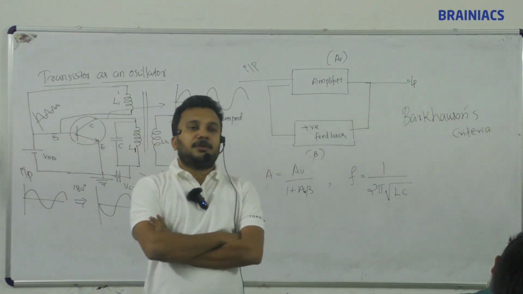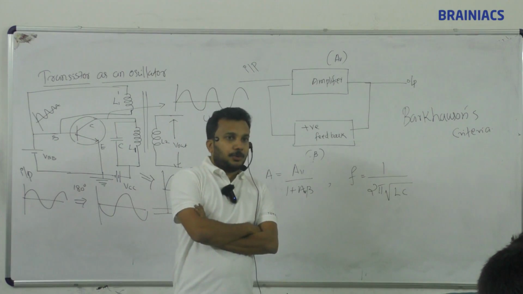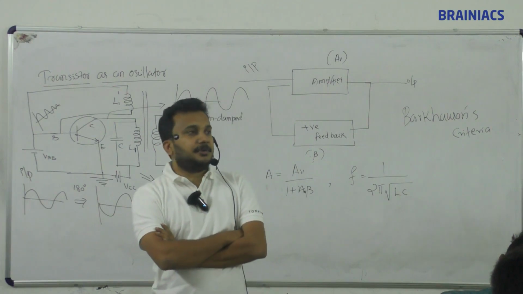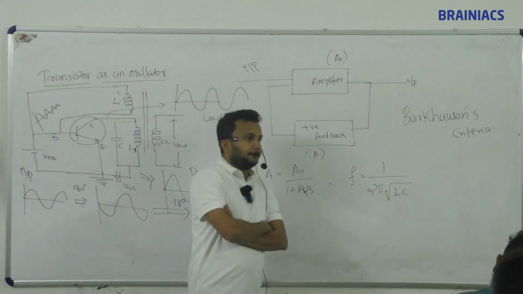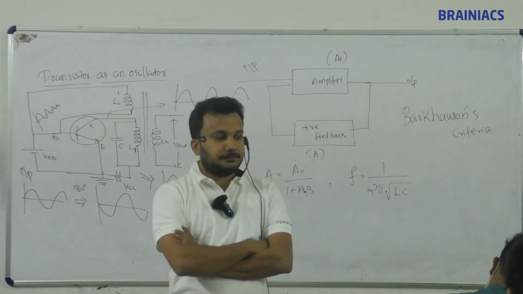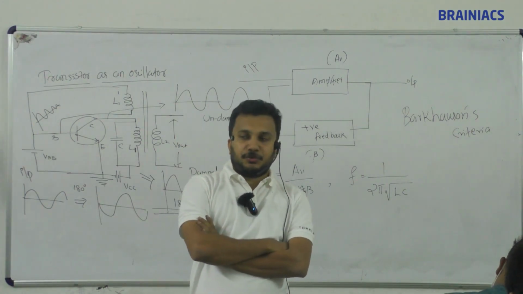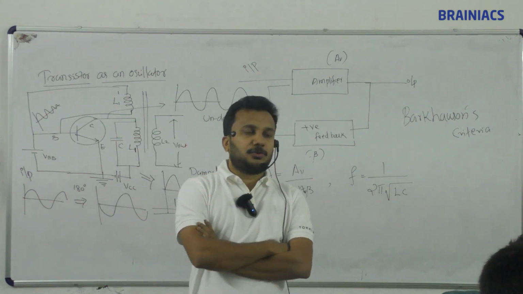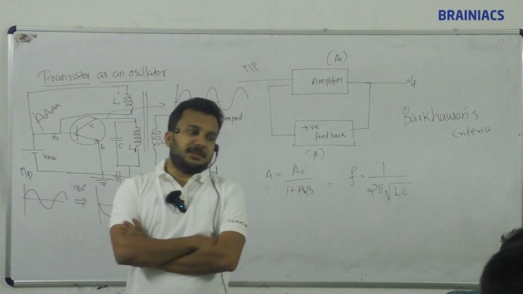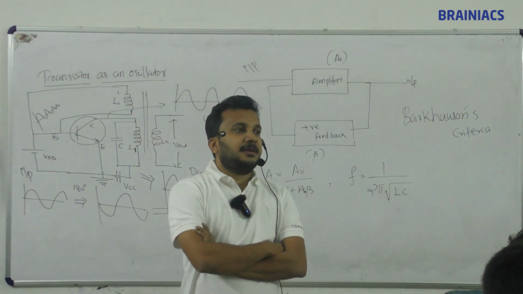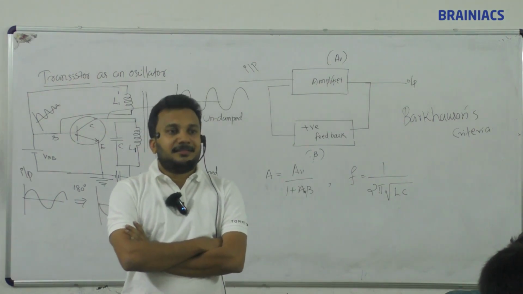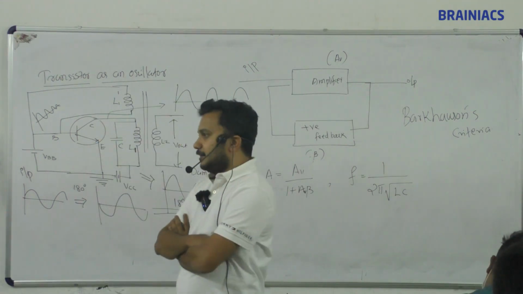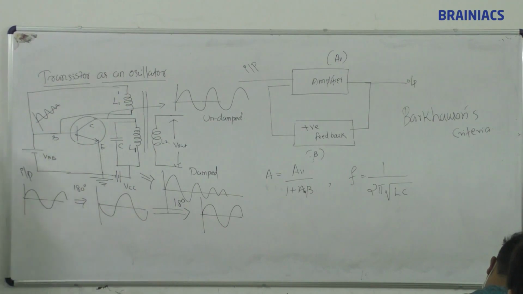So to have an undamped oscillating signal, the phase shift over the circuit is equal to 0 degrees or 360 degrees.